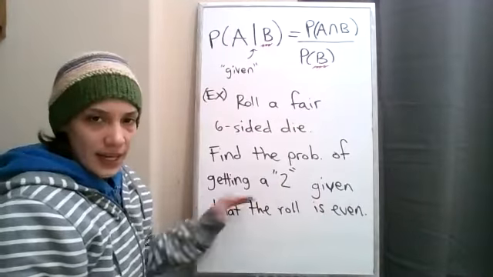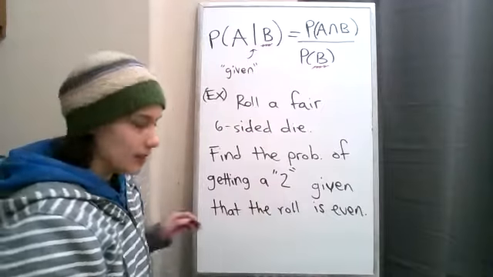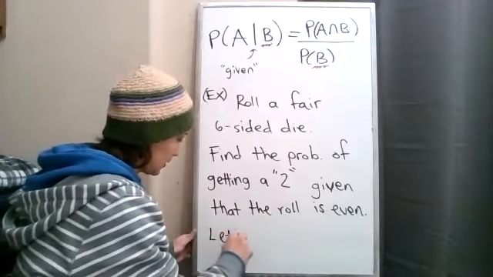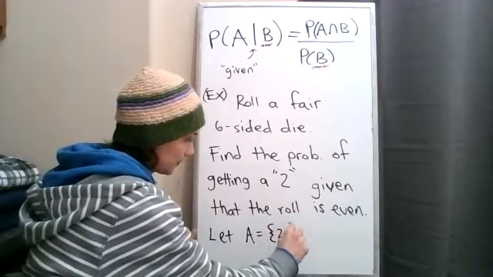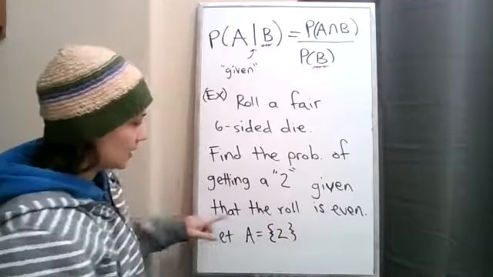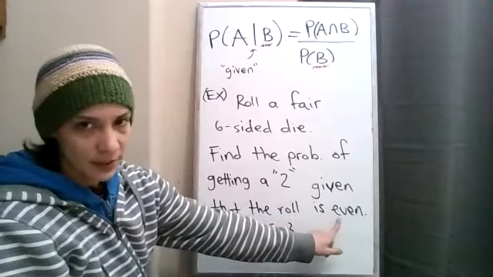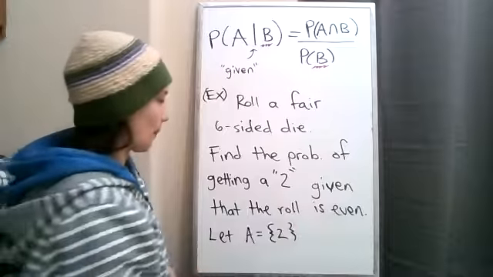So we'll have event A be getting a 2. And then the roll is even. Even numbers will be event B.